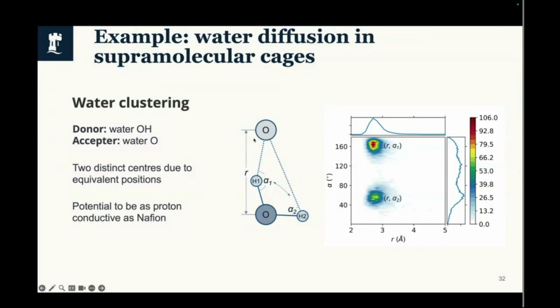So this means that by a reasonable design of the supramolecular cage, we can in principle achieve very high proton conductivity like naphthalene. And this is what we've done using AIMD, using CP2K, and I've introduced the data analysis.